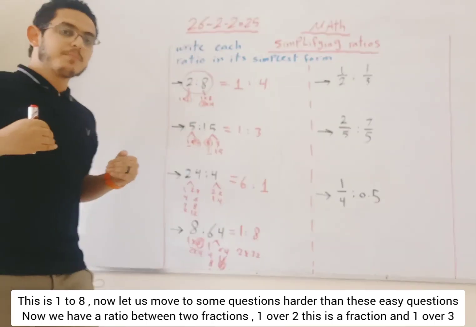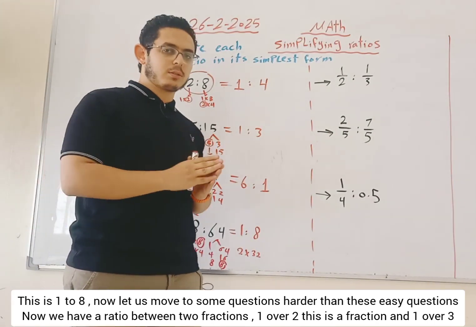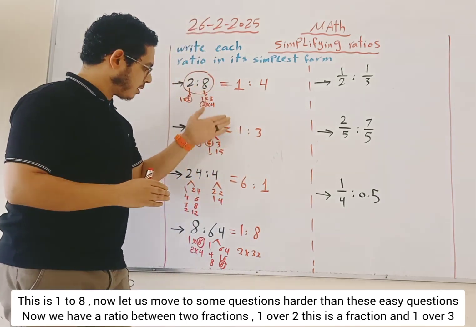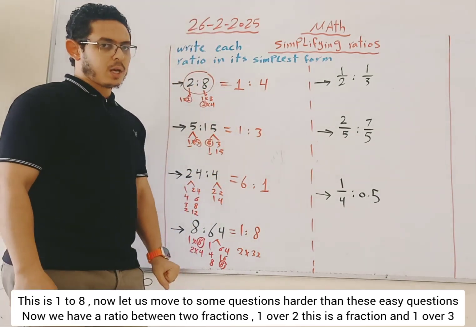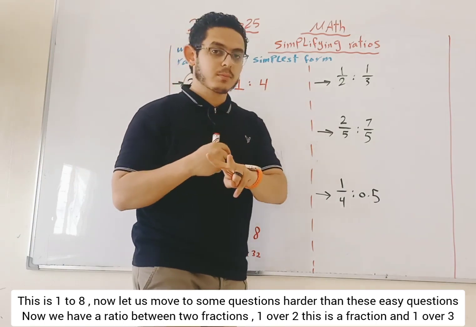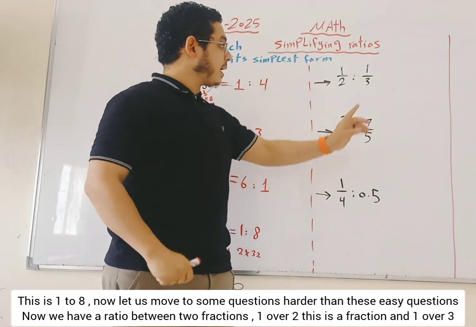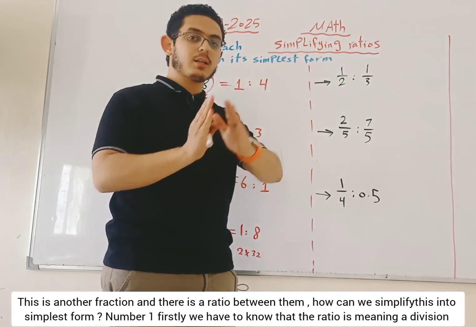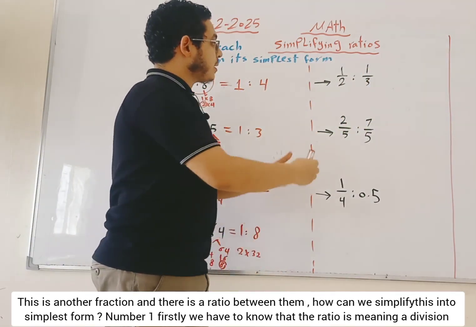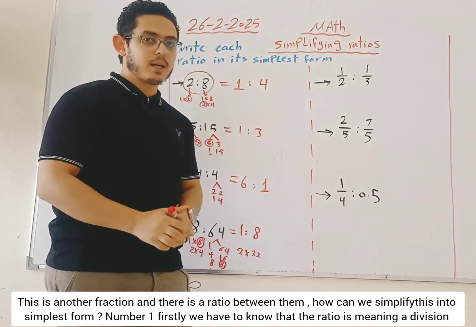Now, let's move to some questions harder than this easy question. Now we have a ratio between two fractions. 1 over 2, this is a fraction, and 1 over 3, this is another fraction. And there is a ratio between them. How can we simplify this to the simplest form?